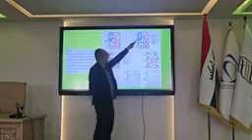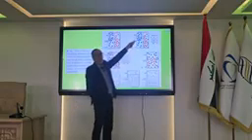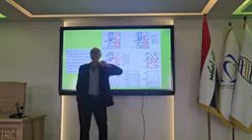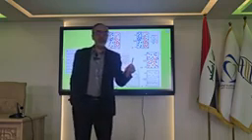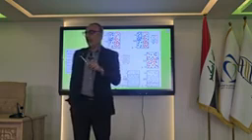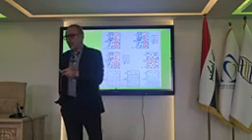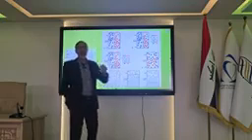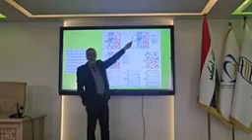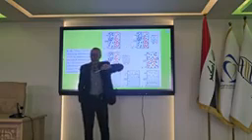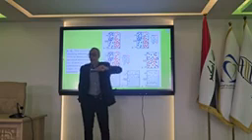If we select a very high level of blood sugar, for example, what is the level for differentiation between diabetes and healthy? 126, okay? 126 is currently the definition of diabetes for fasting blood sugar.